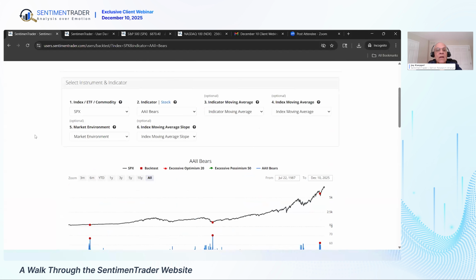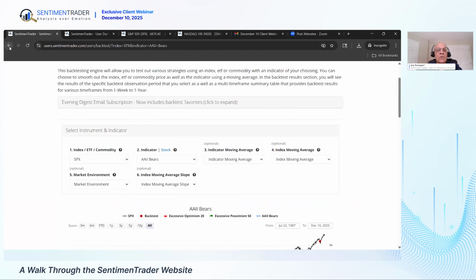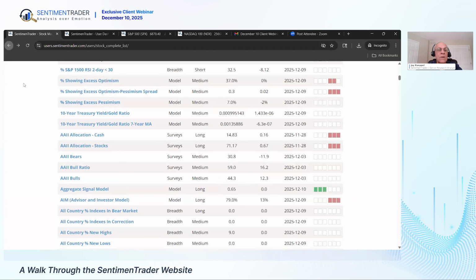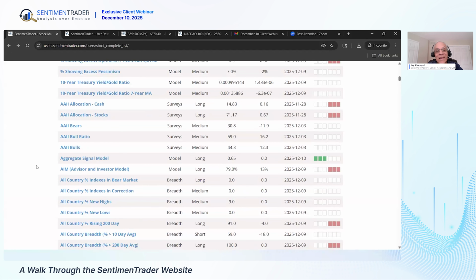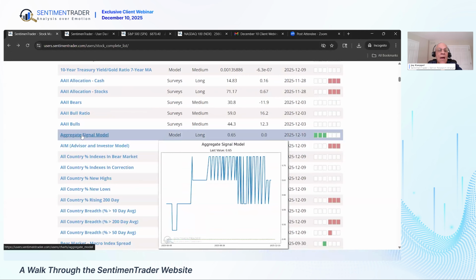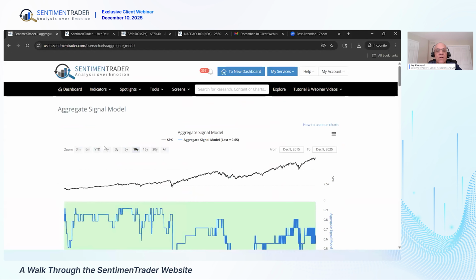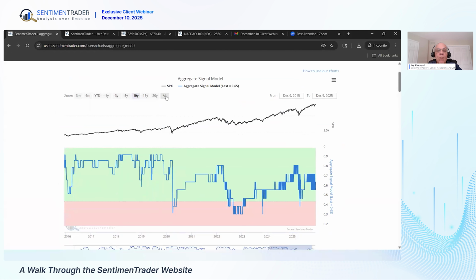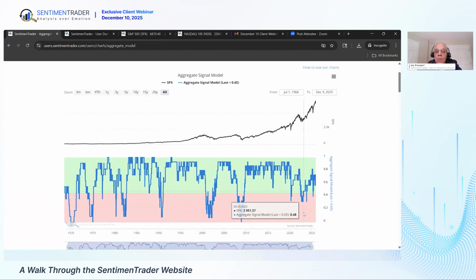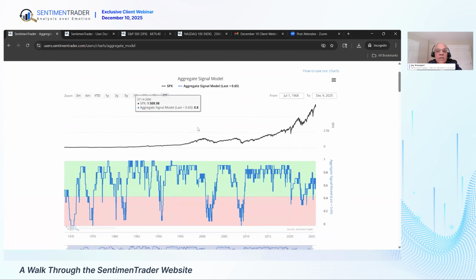Okay. So again, these are meant to be examples, so I'm not going to dwell on any one indicator for too long because I have a lot I want to cover. Aggregate signal model. That's one of the most important ones. Almost every webinar, I end up referring to this one just because I think it's important. So I'm going to say all.